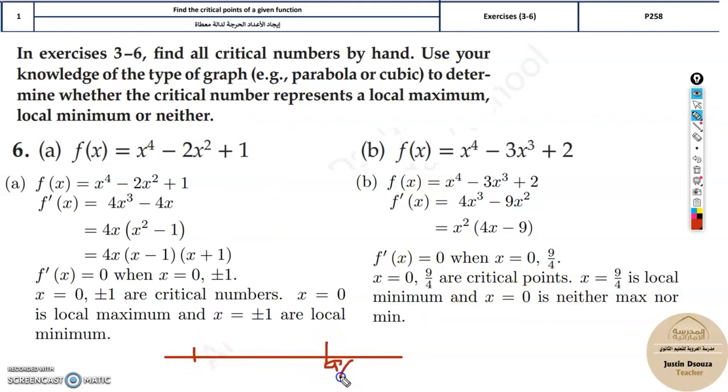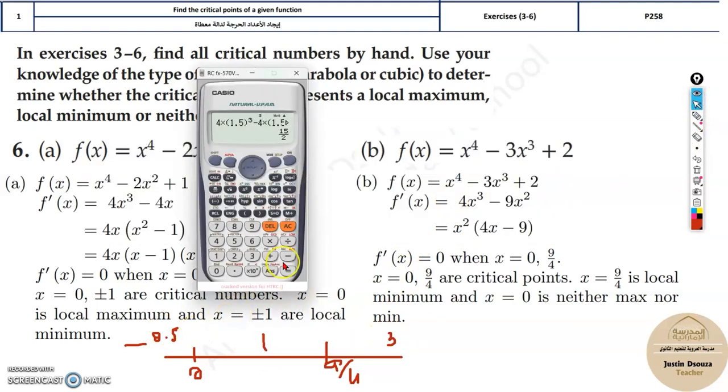So 9 by 4 is about 2.25, and this is 0. So what happens is over here, you will have minus, I'm not sure, but you need to try this trial. Let's take, for example, minus 0.5, and we will just do this quickly. And over here, I'll take 1, and over here, I'll take 3. Okay. Now, let us try these values.